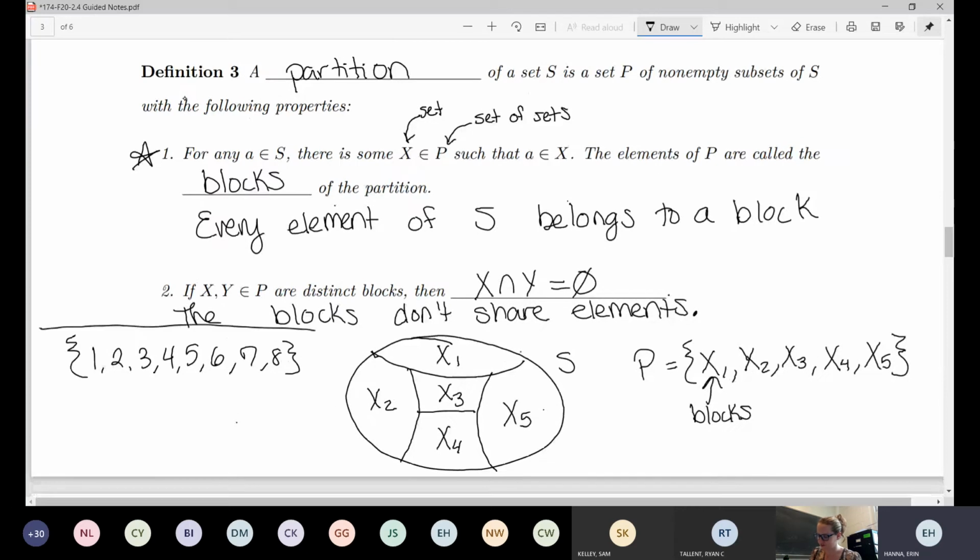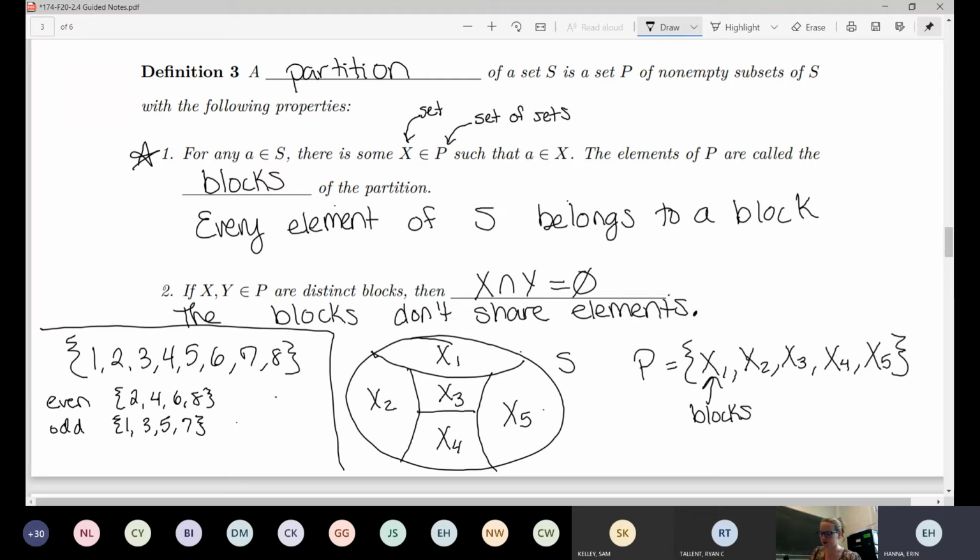So side note, say I had some set 1, 2, 3, 4, 5, 6, 7, 8. I could break this up into essentially the even numbers, 2, 4, 6, 8, and then all the odd ones, so 1, 3, 5, and 7. So essentially, breaking it up into even versus odd would be a partition.